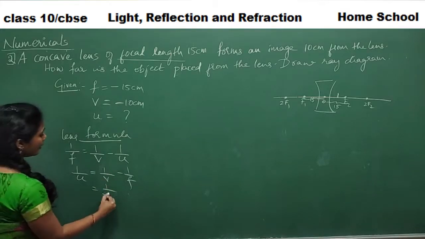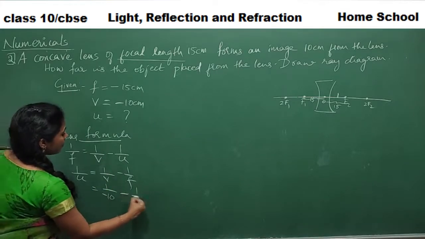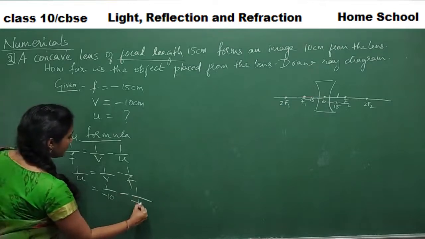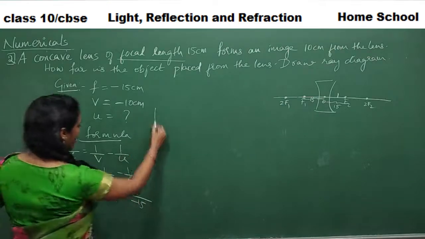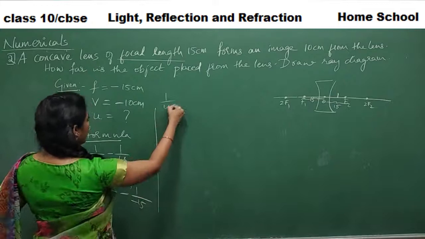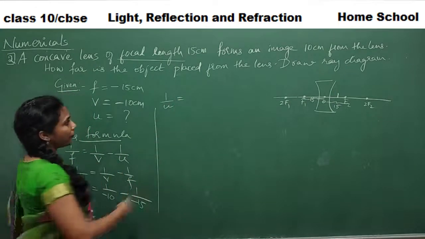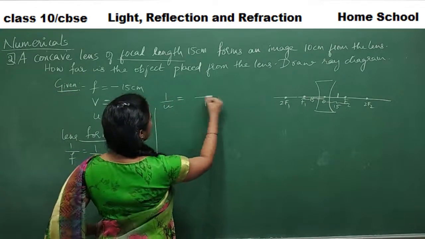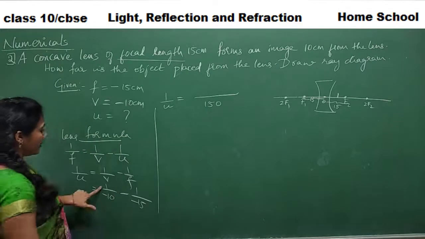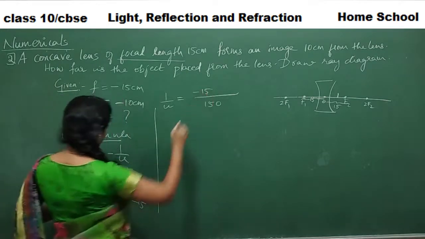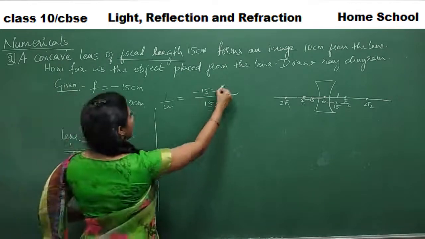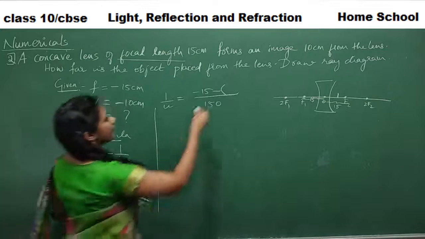What is the V value? Minus 10. Minus of F value, minus of minus 15. Right. So 1 by U is equal to 10 into 15, it is 150 in the denominator, and in the numerator I will take minus 15, and minus of minus 10.